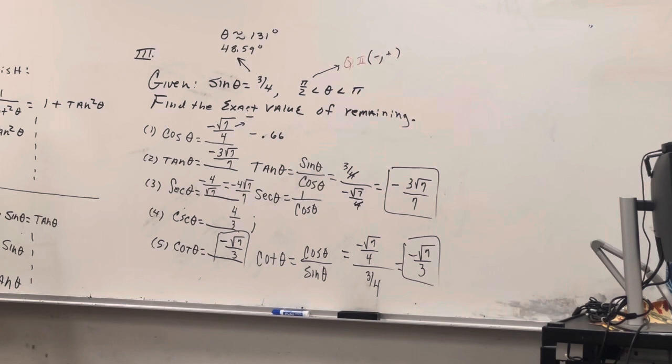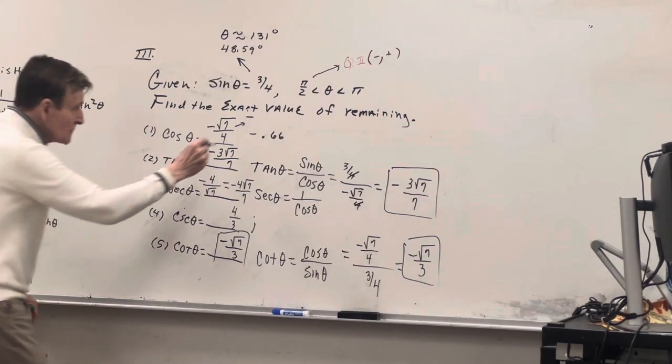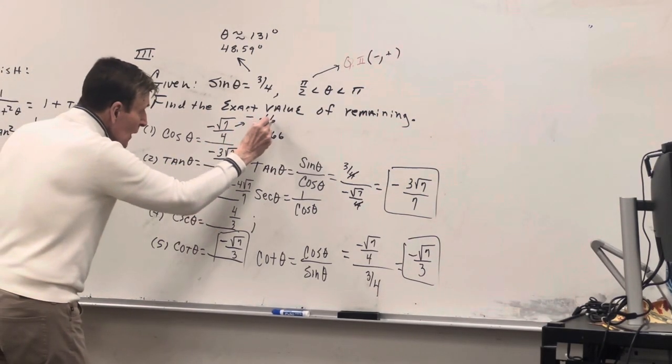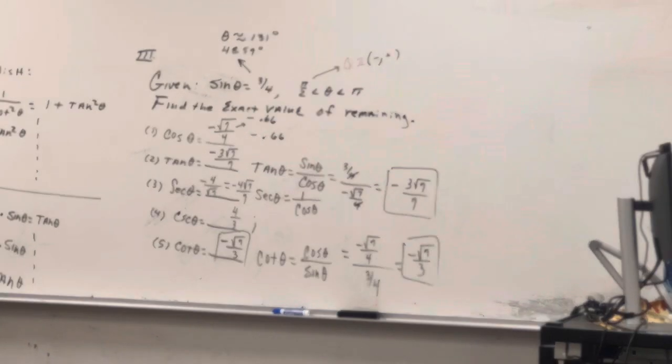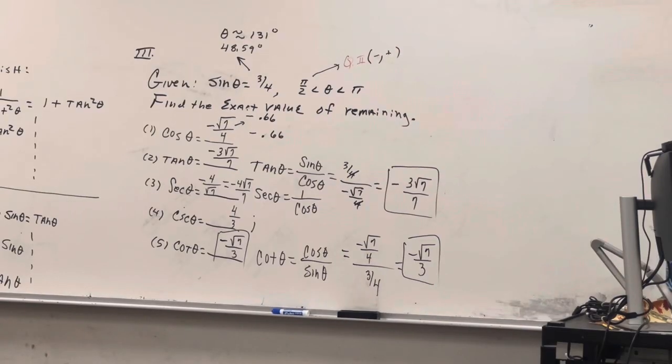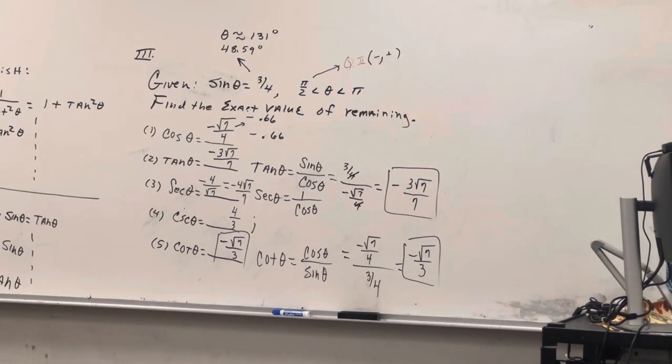What do you get for square root 7 divided by 4? Negative 0.66. Now, I want those two to agree. Square root of 7 divided by 4 is close to 0.66. And he did all the trig for me, he says, same thing, Professor, close to 0.66.